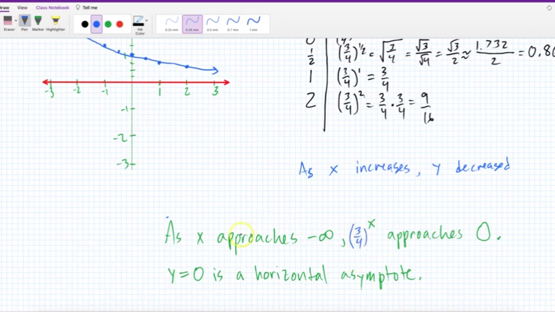The other thing we have to change is this time it's as we move to the right instead of as we move to the left, so that means x is approaching positive infinity. X is increasing. So it's still an asymptote, it's just we're approaching it when we move the opposite direction, and we're approaching it slightly slower than before. With the base being 6, we approached it a lot faster.